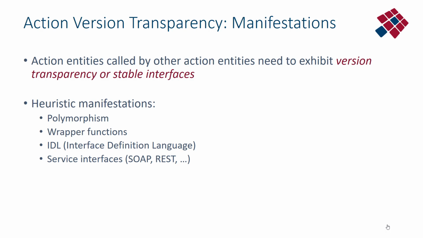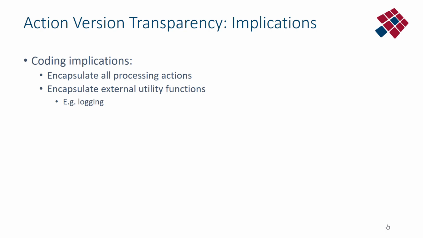But it's not about the technology, it's about the way of doing it, because there were, of course, many ways of doing it 50, 60 years ago. You don't need the latest technology to ensure that you have stable interfaces. There are also some implications. It's not just about having version transparent interfaces on your high-level business interfaces.